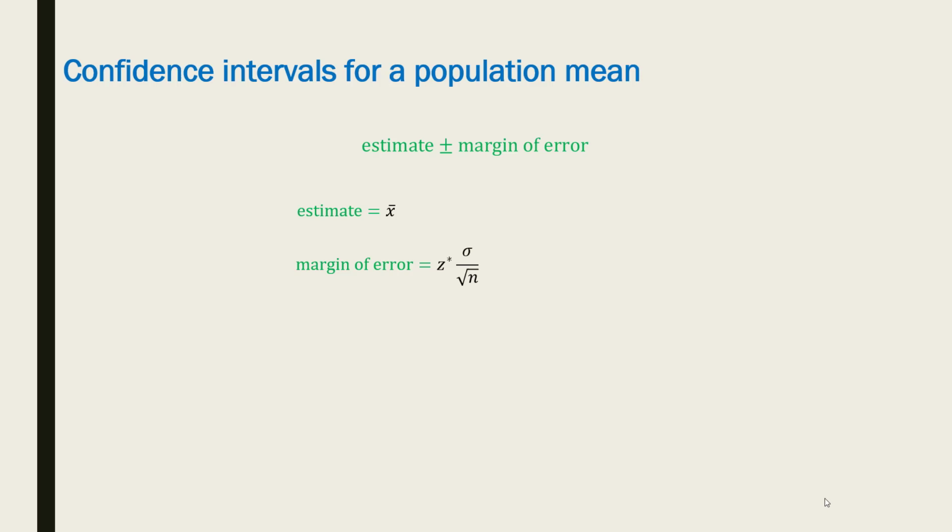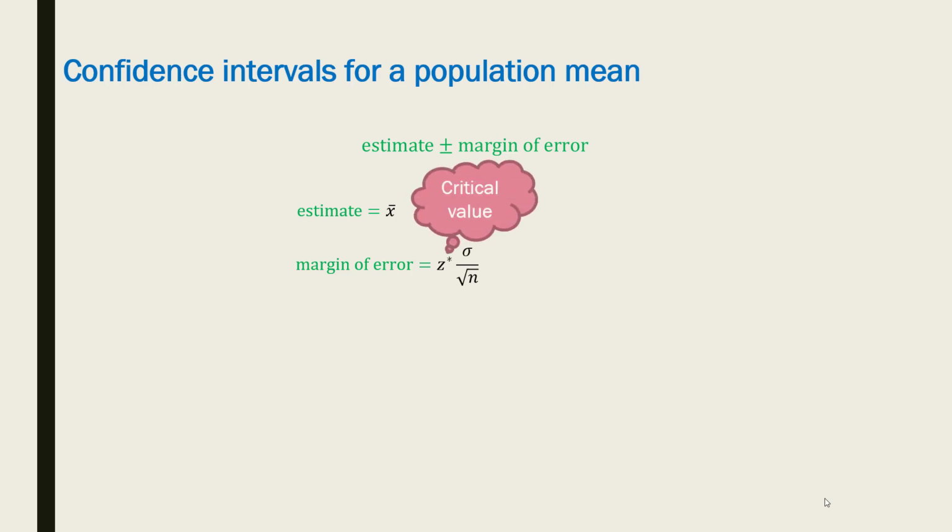Yes, margin of error is z star sigma over root n. You already know sigma, which is the population standard deviation. You know we assume sigma is known at the beginning of this chapter. Then n is the sample size.